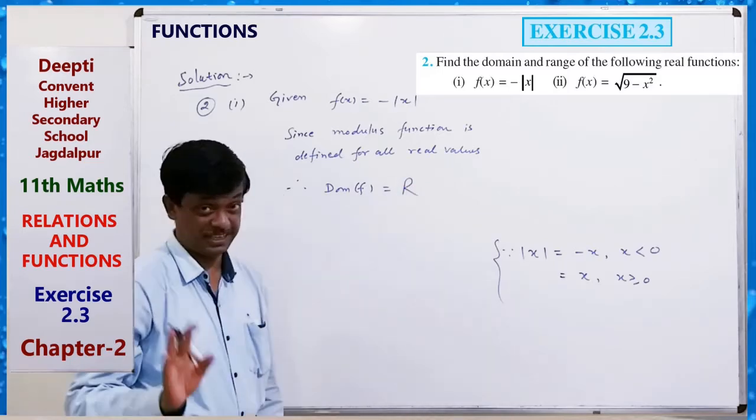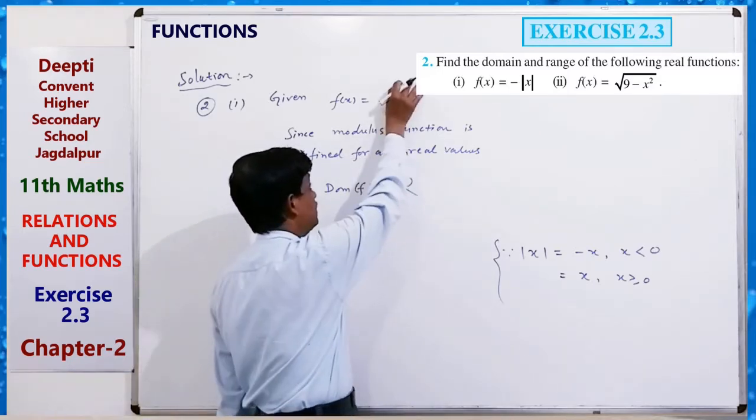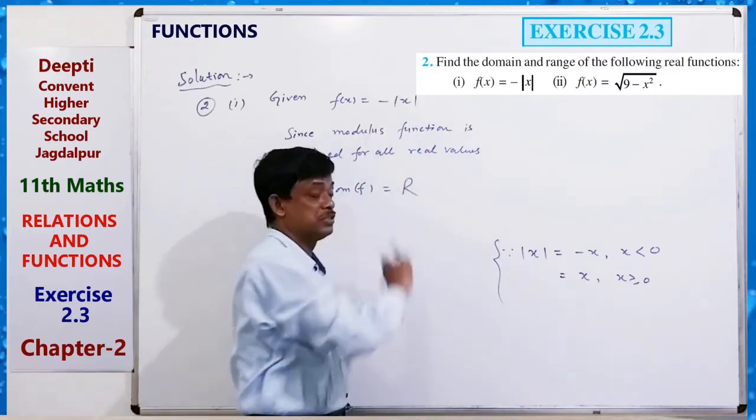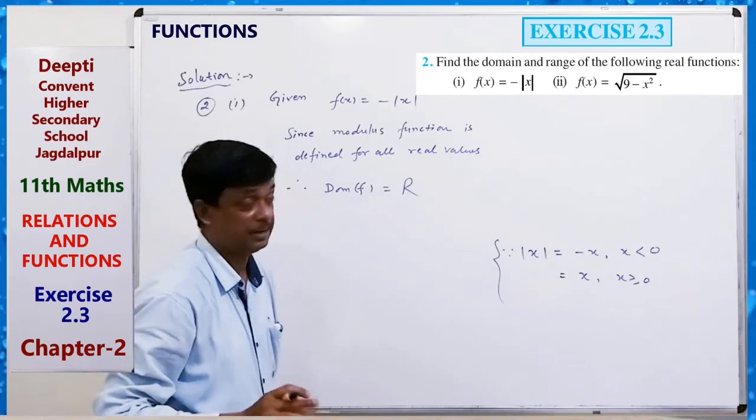And range, we see that mod x is always positive, so minus of always positive means negative, and also maybe 0.